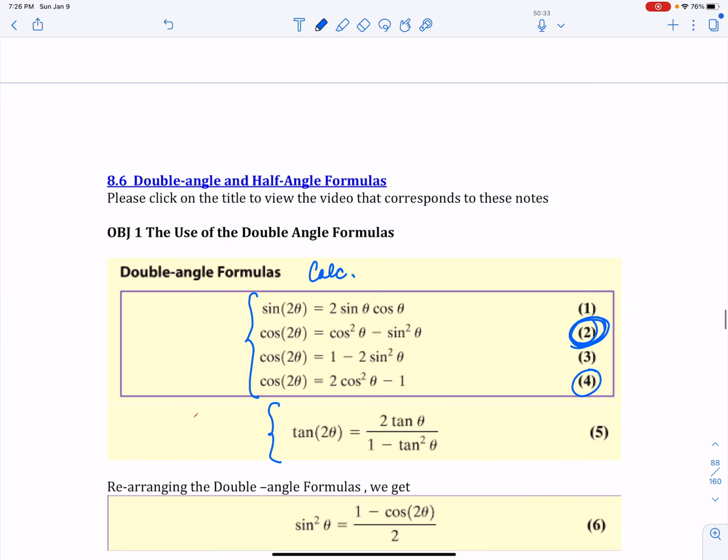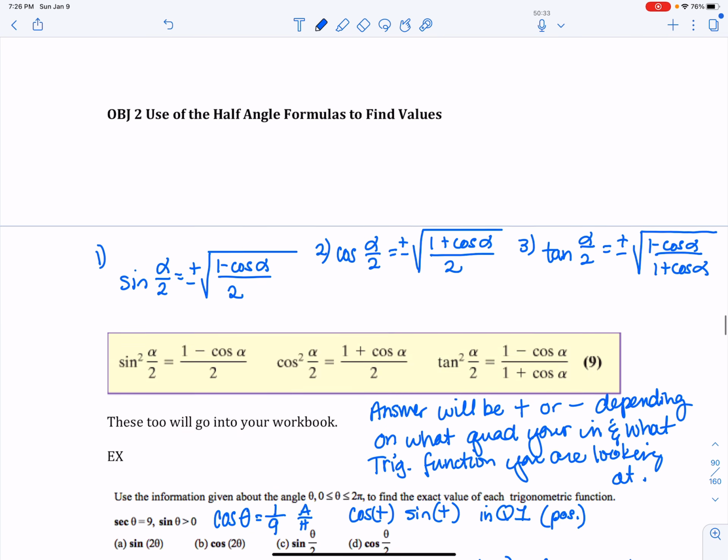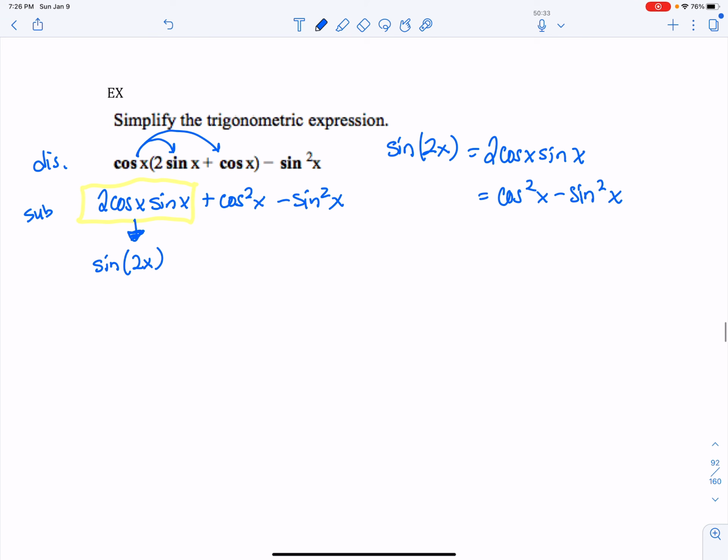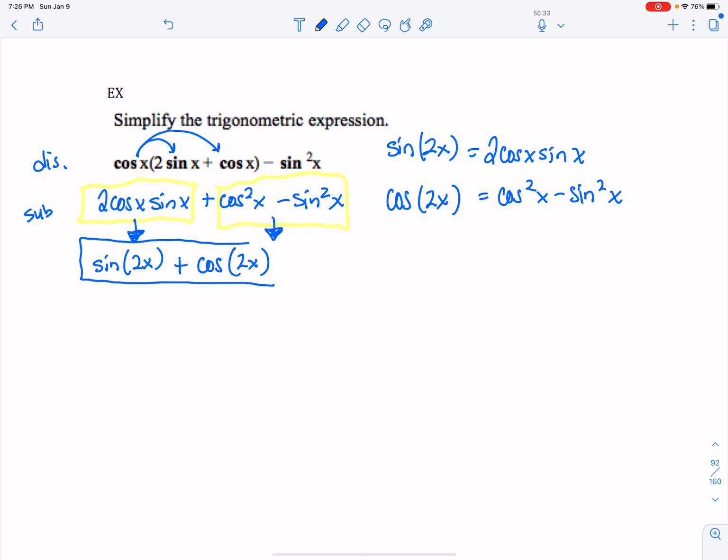So let's go back to that problem and substitute that in. Okay, so voila, there you have it. That is simplified. So that's taking that big long expression and simplifying it down to that.